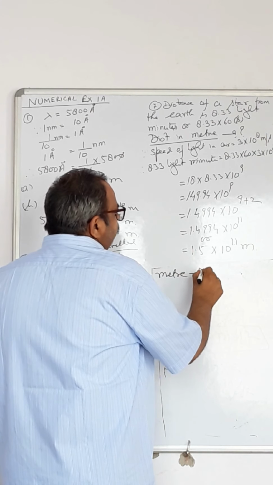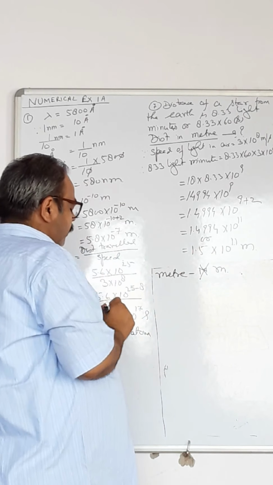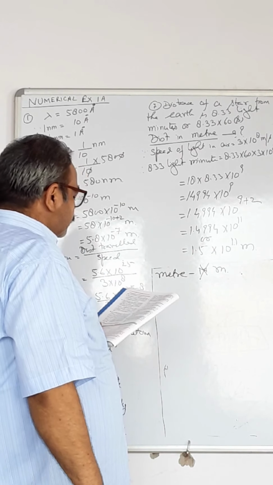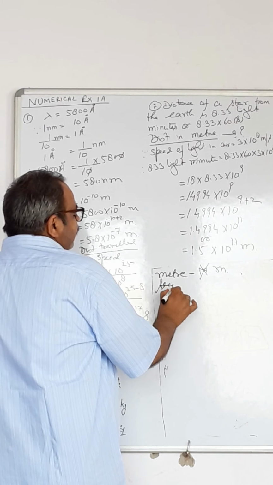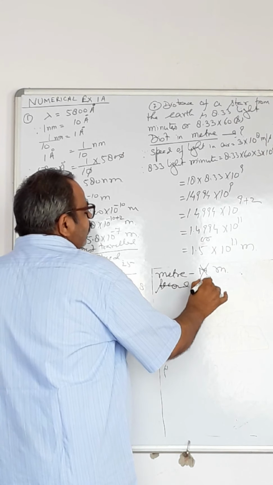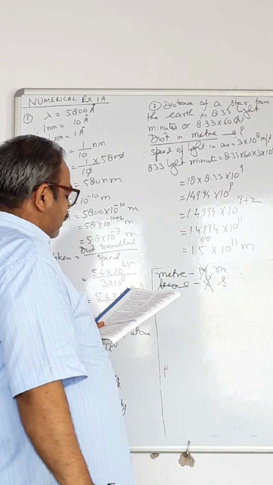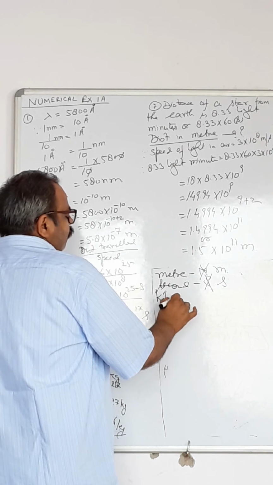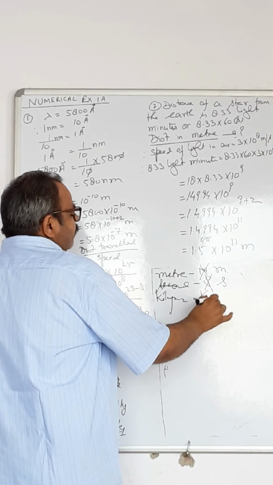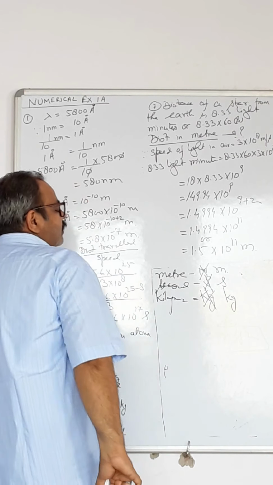It will not be written with a capital letter, it will be a small m. Second, not named after any scientist, not capital S, small s. Third example, kilogram, not capital, small kg.